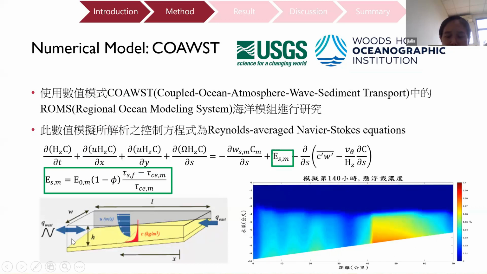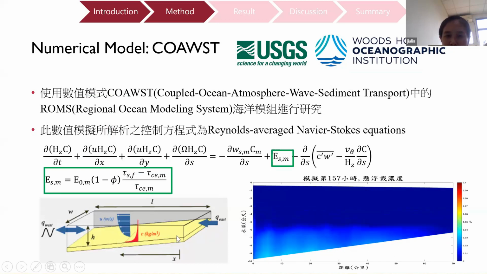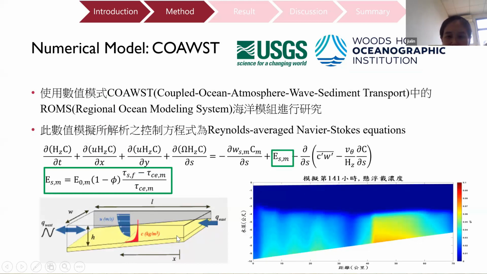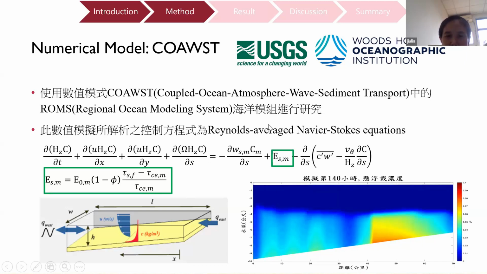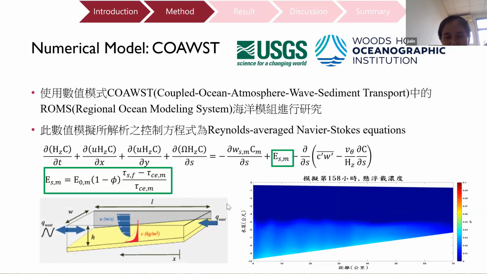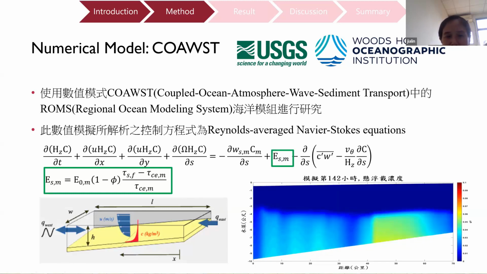This model is able to provide sediment characteristics like sediment concentration, and also to include different grain sizes of sediment and model the sediment process with different settling velocities. We want to use this numerical model to study more complicated processes in the submarine canyon.